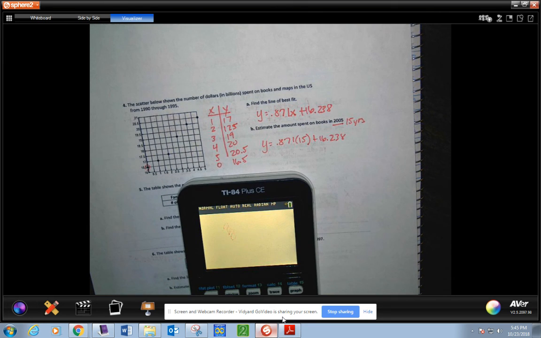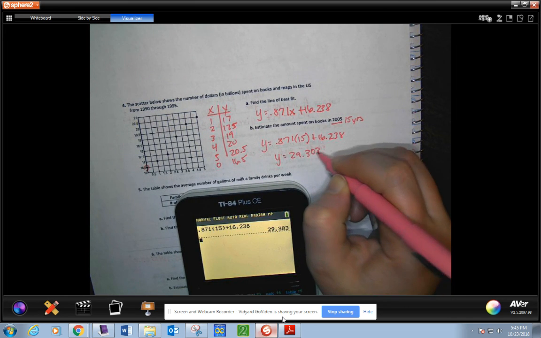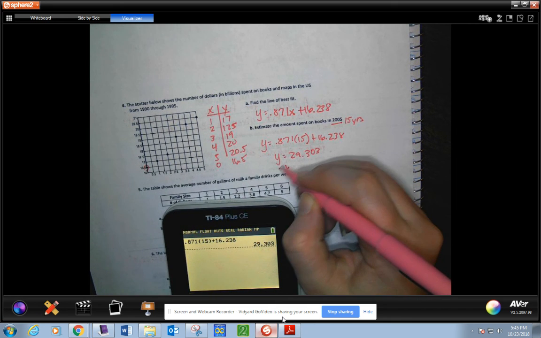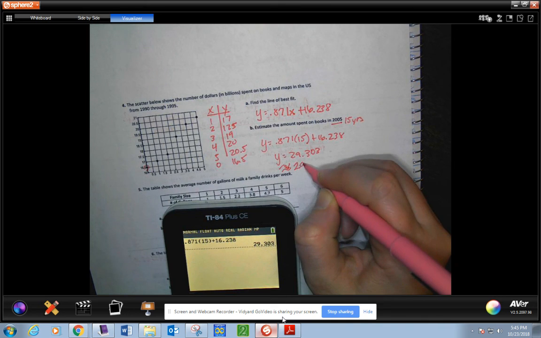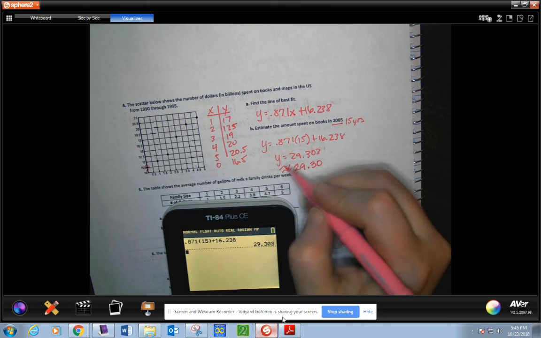So 0.871 times 15 plus 16.238 and hit enter. That gives me 29.303, and they do have decimals, so I'm going to just say this is approximately 29.30 because we're talking about money, so it can have value.